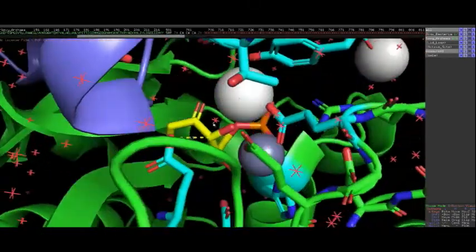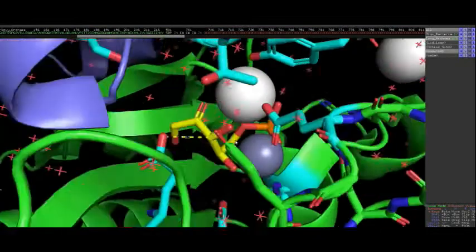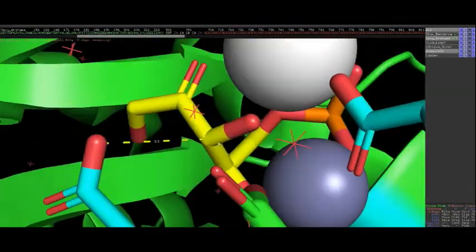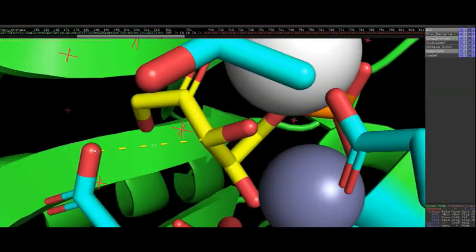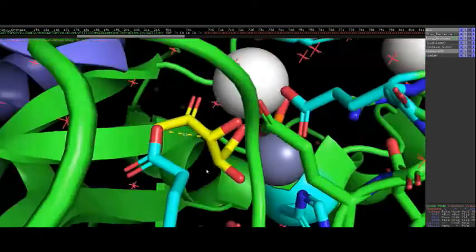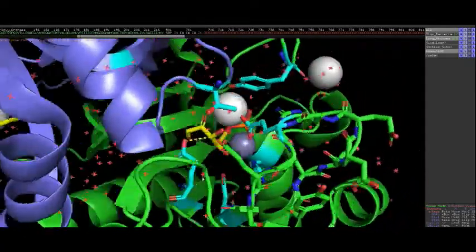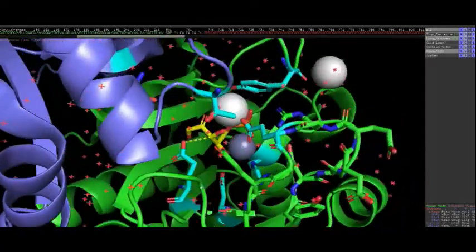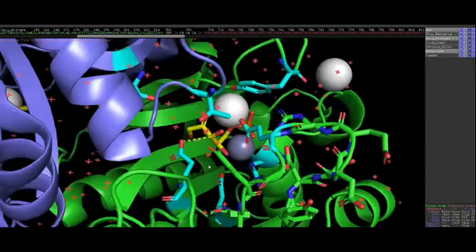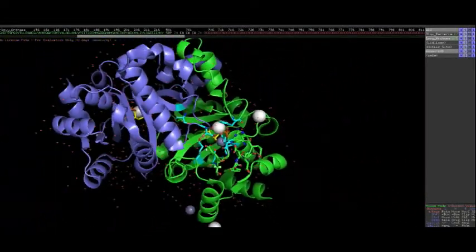Yeah, and so we can see the two metal ions there. We can see our aspartate 185 right there. That is pretty much mostly what I wanted to show here on this structure.